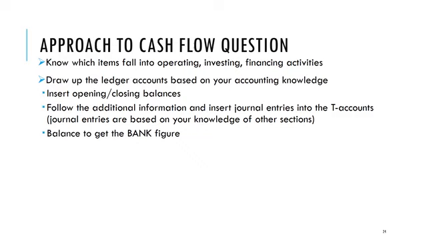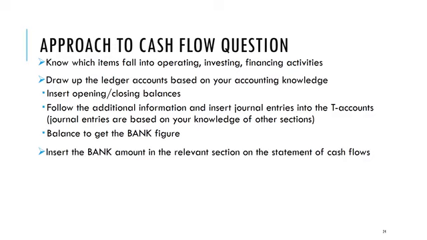Once we've put in all the information, we filled in as much as we can into these T accounts, we then want to balance them out with that balancing figure reflecting bank. Okay, so that's going to help to tell us, has there been an inflow into bank or has there been an outflow? That bank amount that we have calculated as a result of our T accounts, we're going to put into the relevant section in the statement of cash flows. Is it part of operating, investing, or financing?